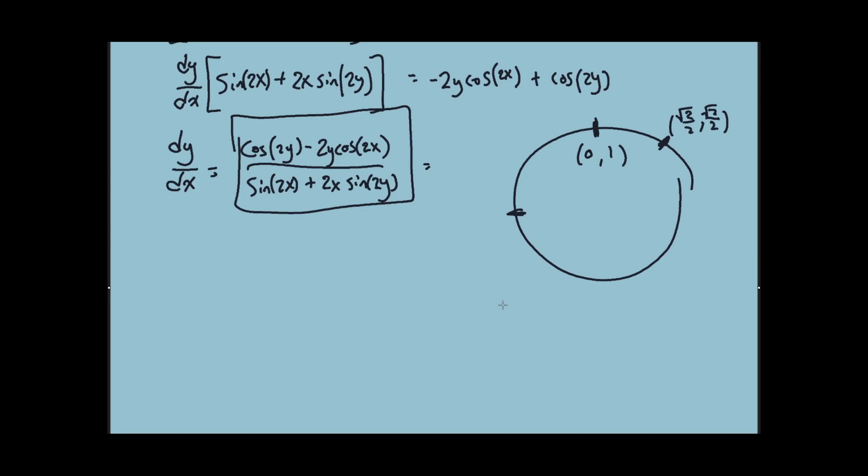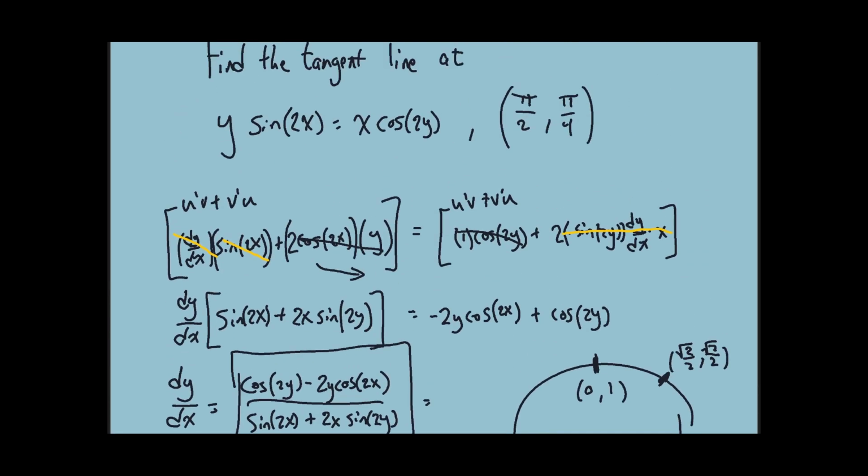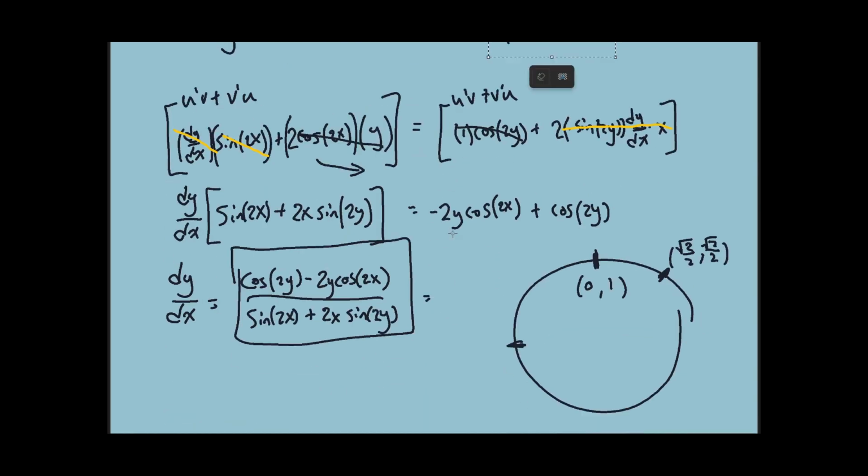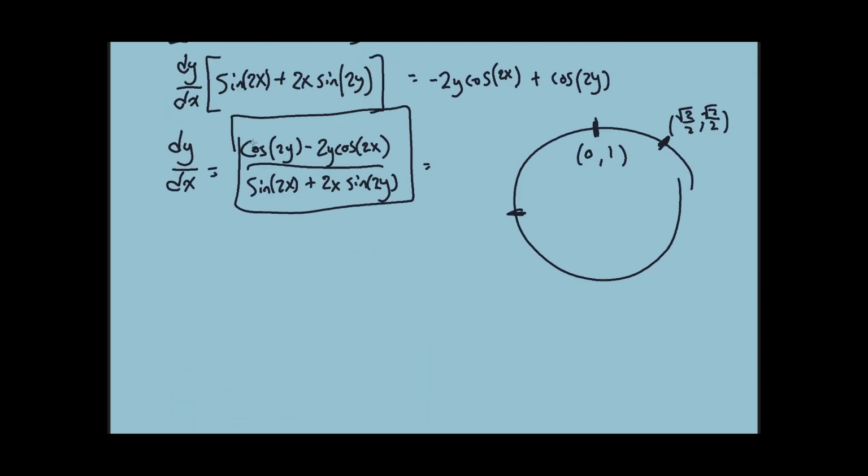Let's plug stuff in. So we're going to need cosine of 2y. What's our y value? Should I write it down here? I'll make a quick copy of it just so that it's not lost. Pi over 2 and pi over 4. That's the coordinate point we're trying to work with. I'm going to draw my little angles here just to remind myself that I'm looking at pi over 2 and pi over 4. But don't worry about it. Okay, so this is going to be cosine of 2y. Y is pi over 4.